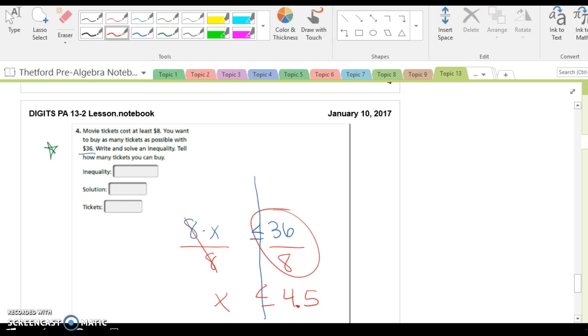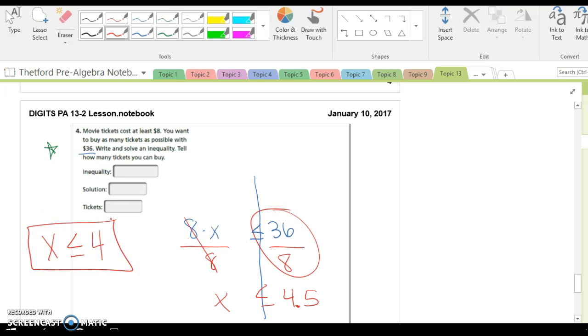But when we think about the situation, I can't buy 4.5 tickets. I can't buy 5 tickets. So it can't be equal to 4.5, but it can be equal to 4. So my new answer is actually going to be x is less than or equal to 4.